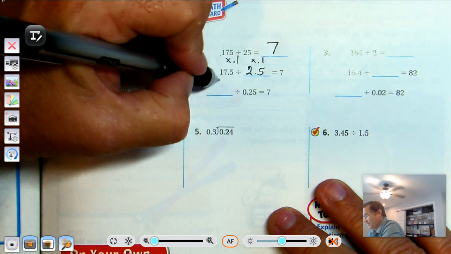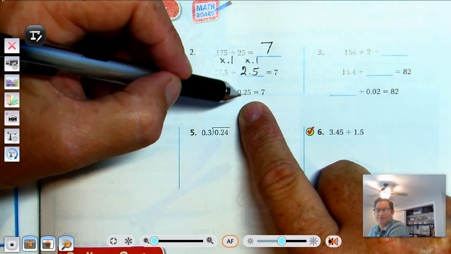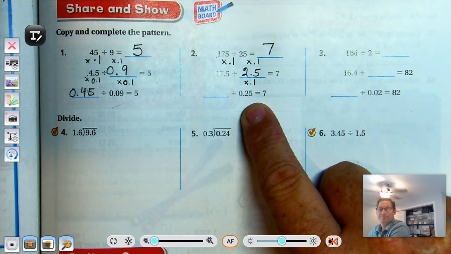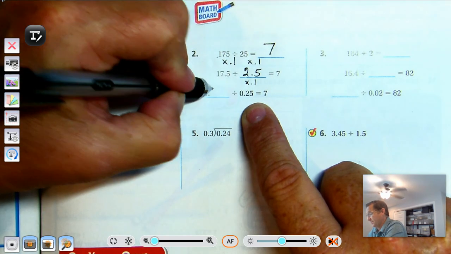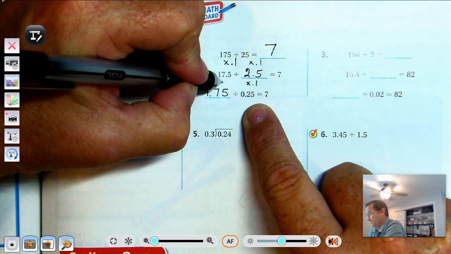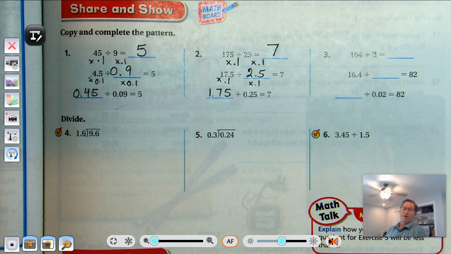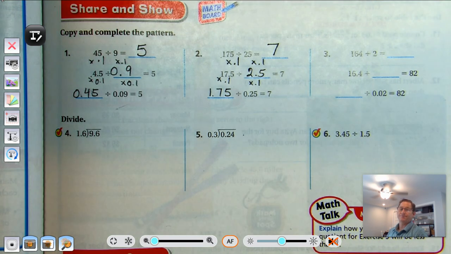And in the last one, what did they do to go from 2.5 to 25/100? They multiplied by 1/10. So I moved it one place to the left, and I'll do the same thing to the 17.5. Okay. And $1.75 divided by 25 cents is 7.